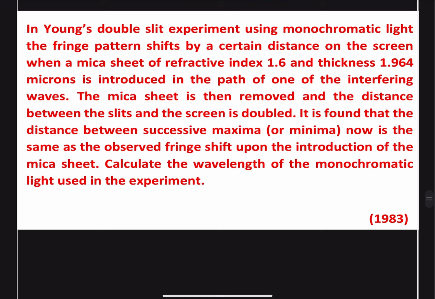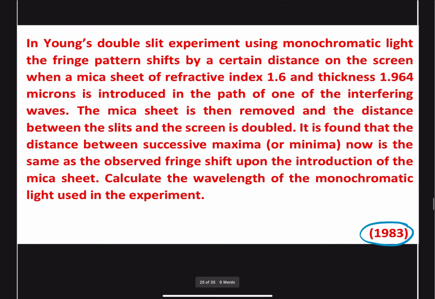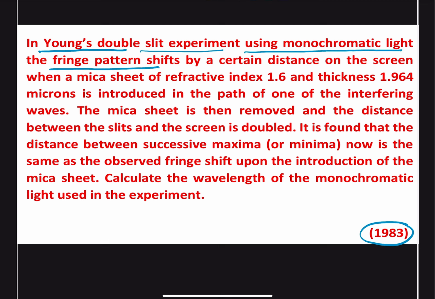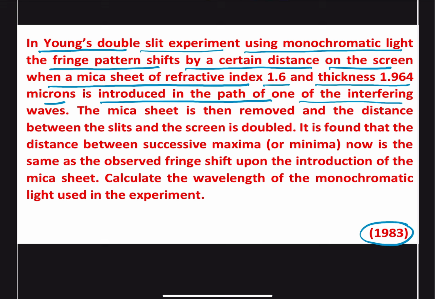And in this question, it was asked in the year 1983, and it states that in a Young's double slit experiment using monochromatic light, the fringe pattern shifts by a certain distance on the screen when a mica sheet of refractive index 1.6 and thickness 1.964 microns is introduced in the path of one of the interfering waves.